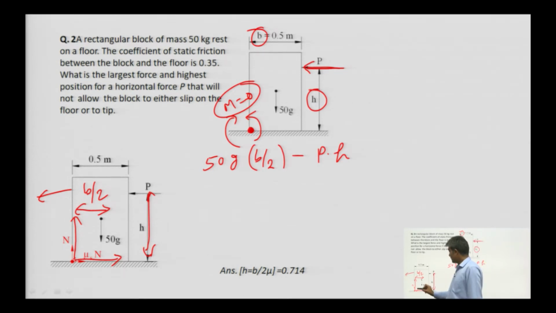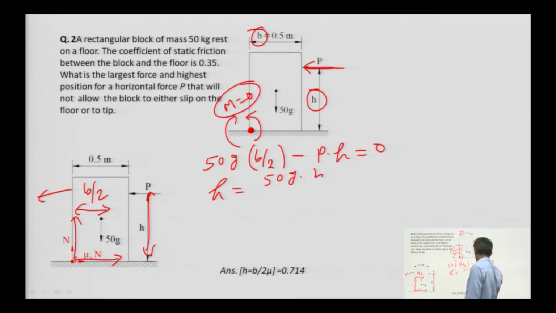That is why the normal reaction and friction force are taken at this point. So the perpendicular distance for both forces is 0, and we do not need to consider further forces. So the value of h can be calculated by this equation, and it will be 50g into B by 2 divided by P.